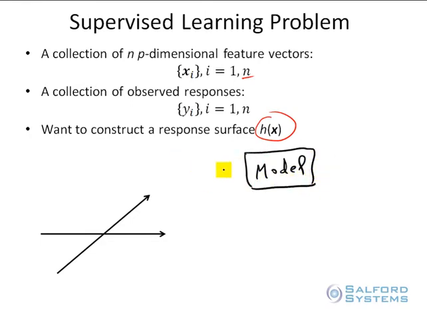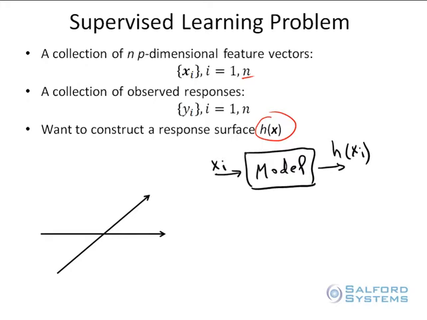This model accepts any input feature vector x sub i, and there is some kind of mathematical rule that generates output response surface h of x sub i. And the goal of supervised learning problem is to construct this response surface.